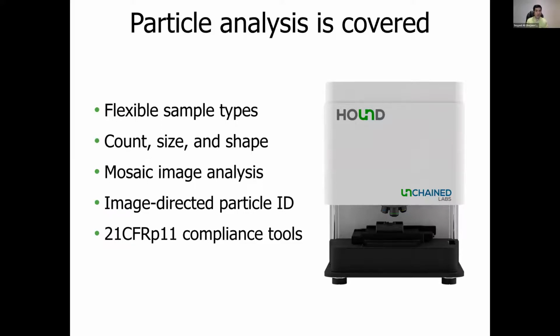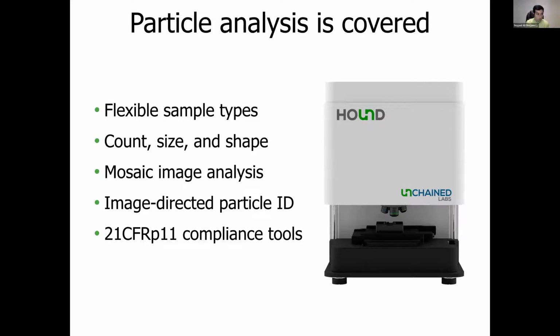The second one was done while the particles were still in the buffer. It is able to automatically count, size, and shape the particles, and it is able to create large mosaic images from microscopy images that it has, and then use those images to detect and identify particles in the samples.